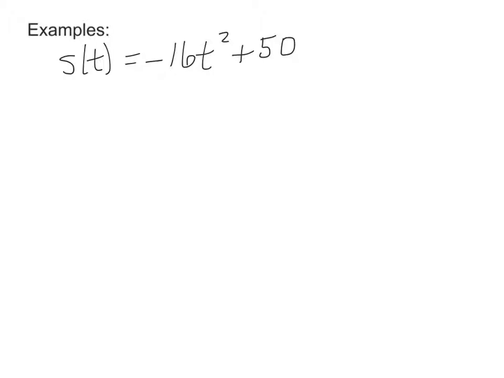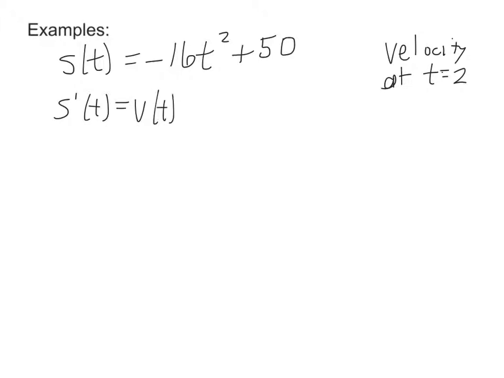But if I want to find the velocity, let's say I'm asking for the velocity after 2 seconds. Well, if I want to know the velocity, I'm looking for the rate of change of the position, which is going to be the first derivative. So I'll take the derivative of this.